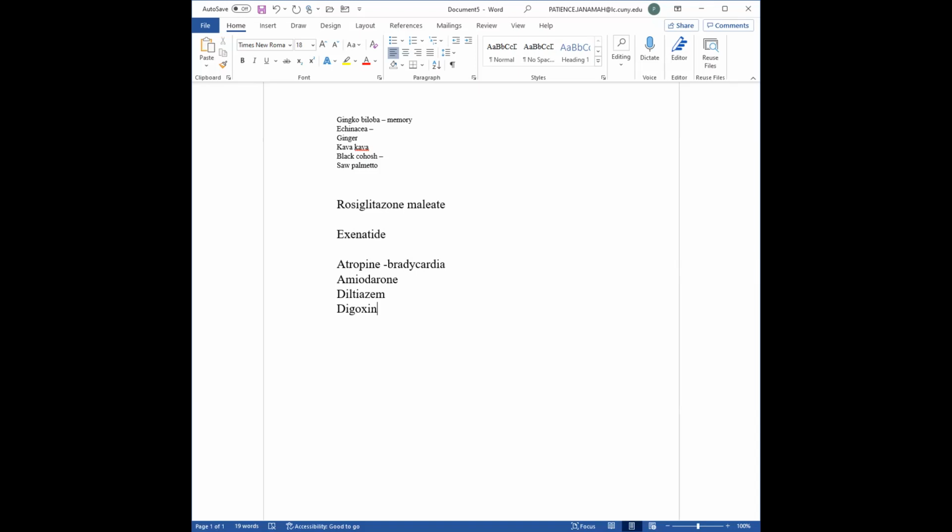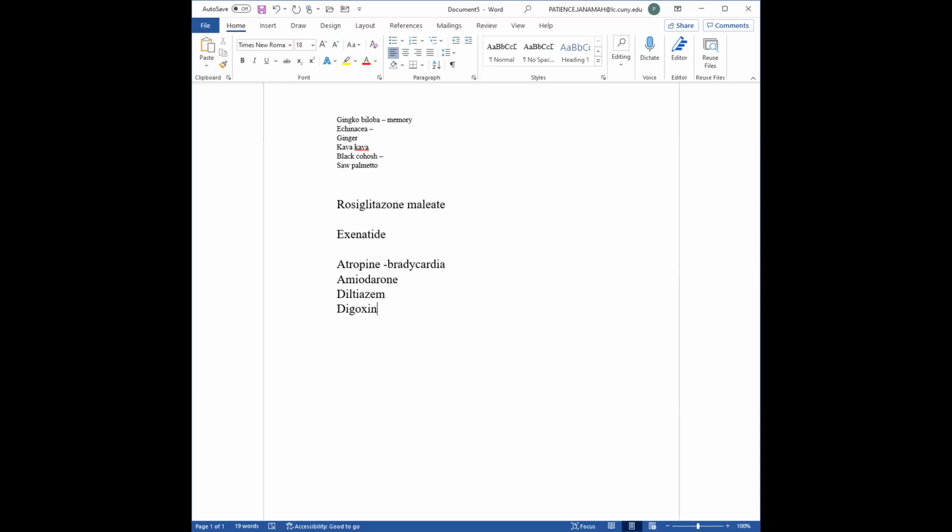Another thing about atropine: it can be used as an eye drop. We have eye drops that are atropine. It will dilate the pupils. Atropine can cause dilation of the pupil, so we call it a mydriatic medication. When you see a mydriatic medication, atropine can be used as an eye drop to cause dilation of the pupils.